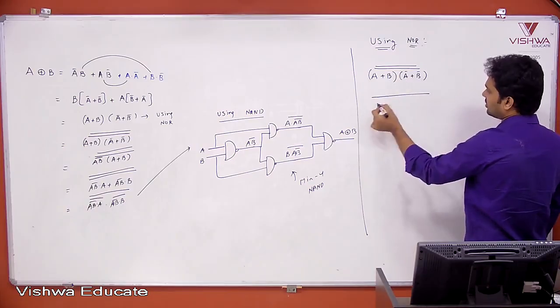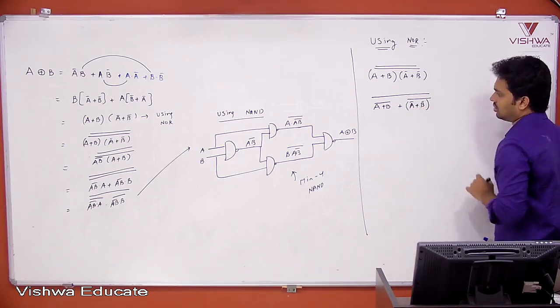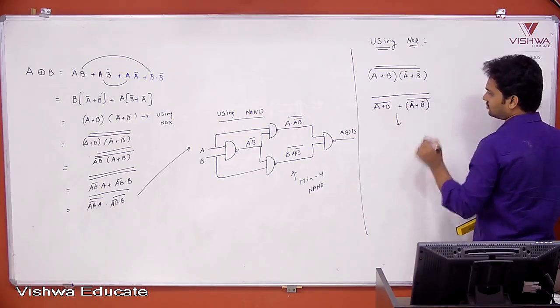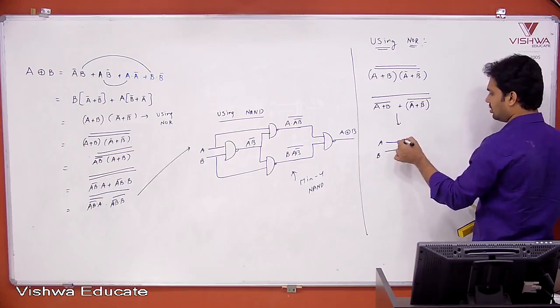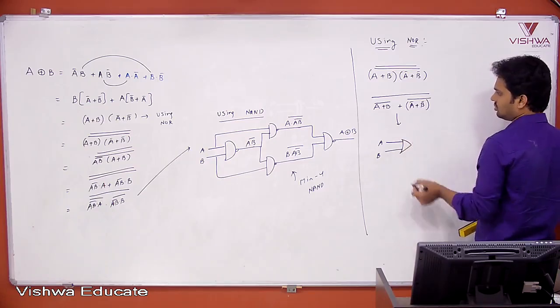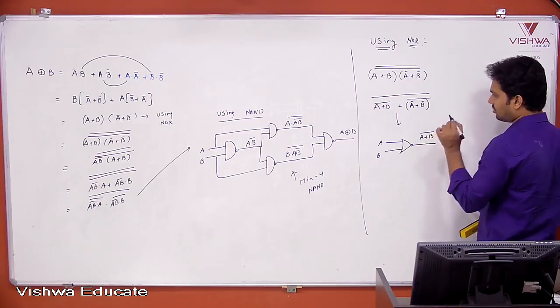The answer is A plus B whole bar plus A bar plus B bar whole bar. Now you can see here, if you take A and B, OR operation, inverter, I'll get A plus B whole bar.